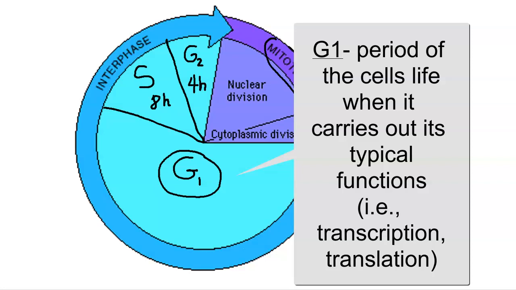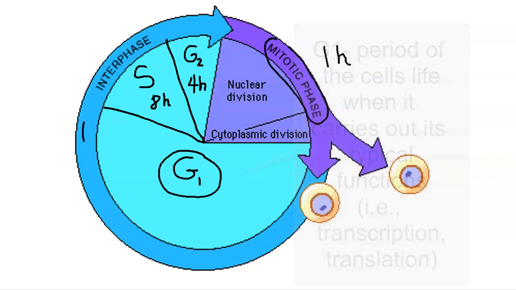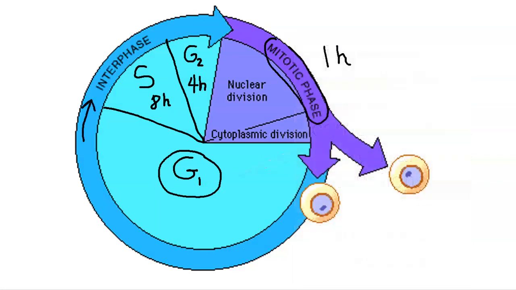That's going to be a variable amount of time, but then when it's ready to divide, the cell will enter into S phase. There's no reason to replicate the DNA if you're not going to divide. So DNA replicates, moves into G2, and then moves into mitosis. And so I just wanted to bring up that point, that the cell could spend a lot of time in G1 compared to S phase, G2, and mitosis.